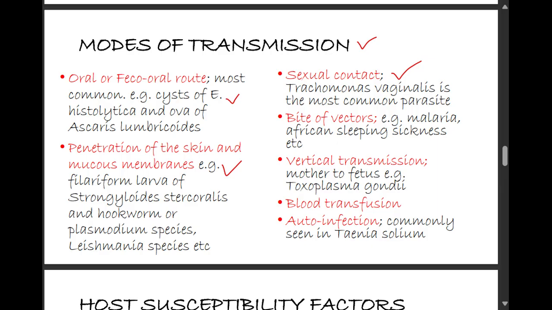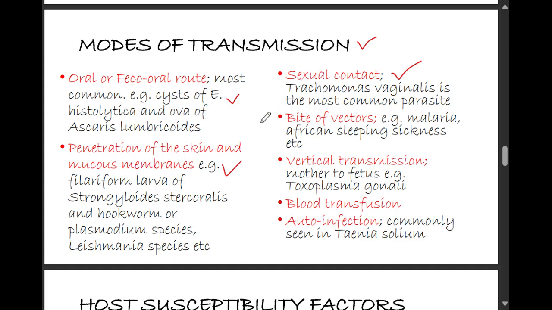Trichomonas vaginalis is the most common parasite transmitted via sexual contact. But you also need to take note that there are certain parasites that are prevalent among homosexuals. Very, very important to take note of that.